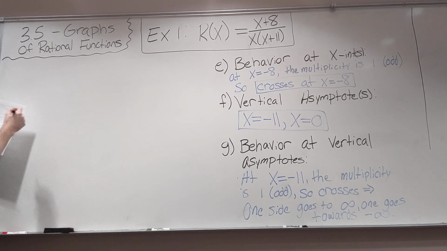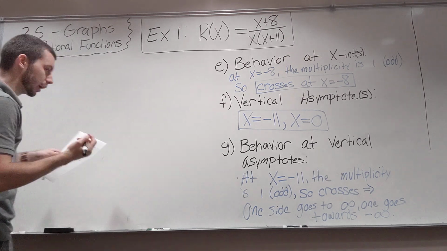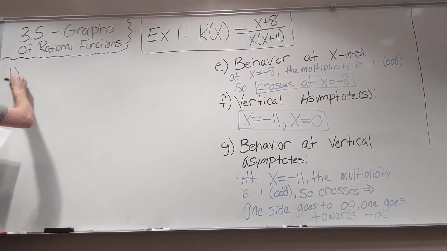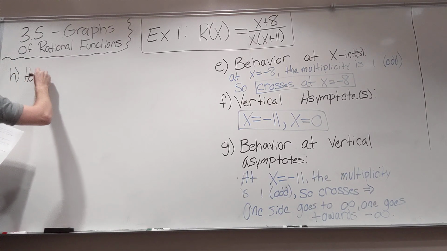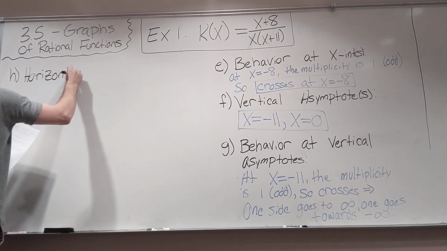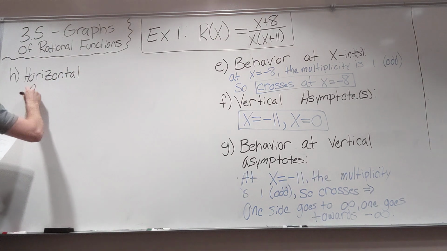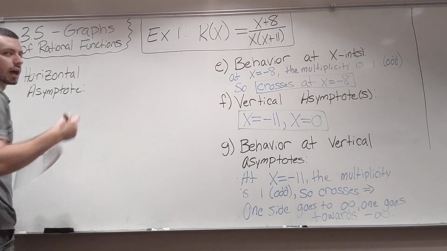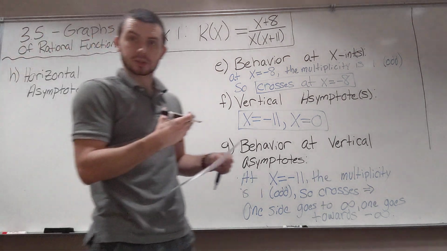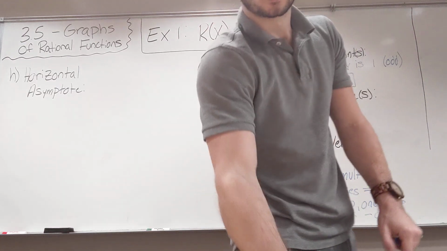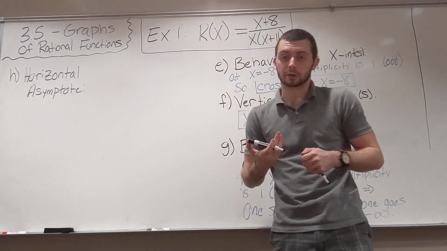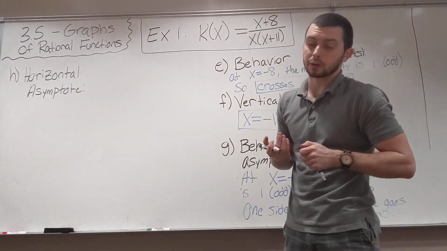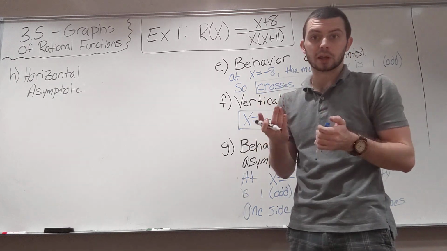So part H is asking about the horizontal asymptote. And this is actually something we found in the previous section. This is where the degree of the numerator and the degree of the denominator have to be compared.